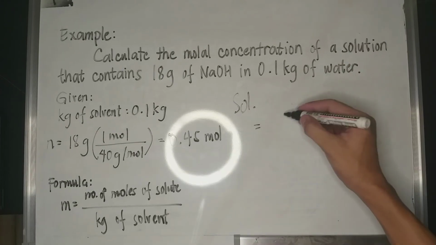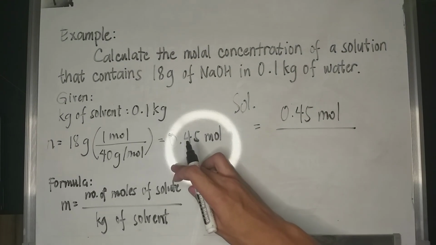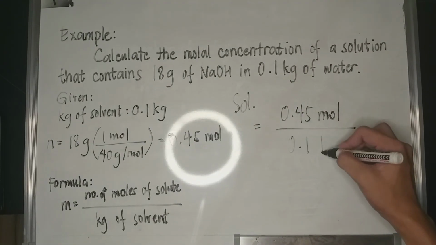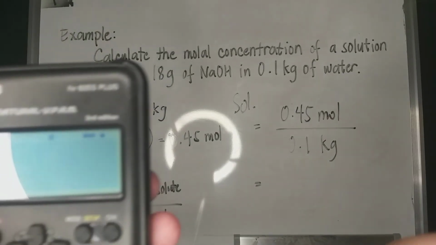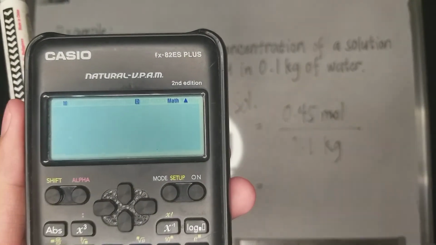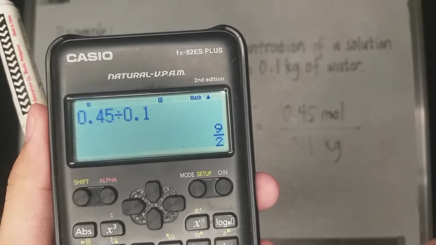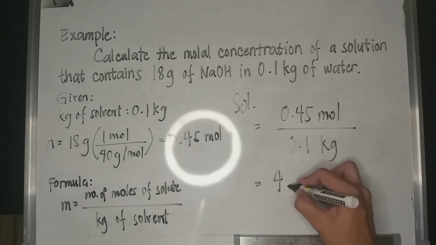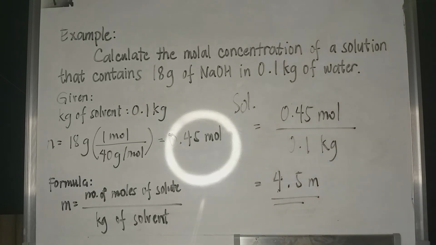It is 0.45 mole divided by the kilogram of solvent, which is the water, 0.1 kilogram. So, the answer is, let's use a calculator. So, 0.45 divided by 0.1. So, the answer is 4.5 molal. That's the final answer.